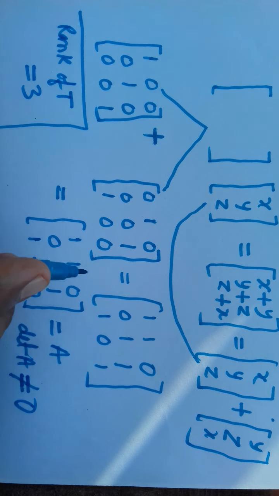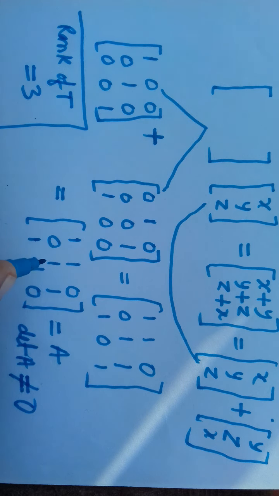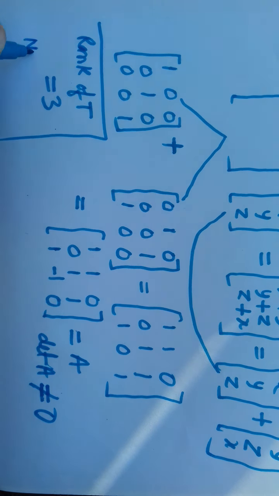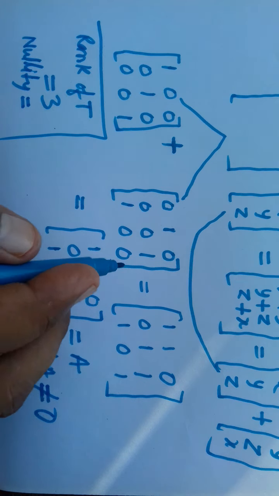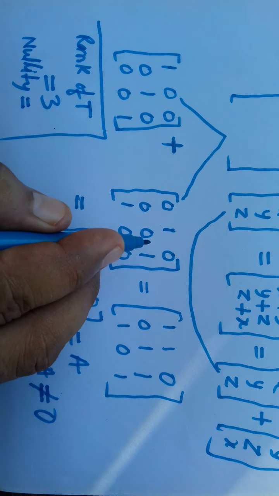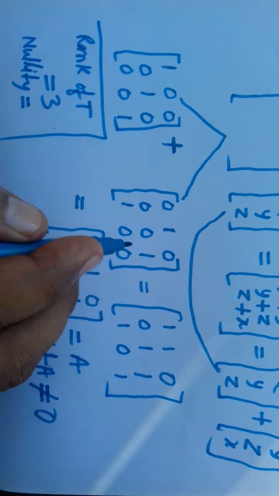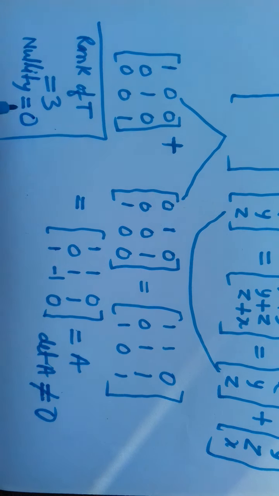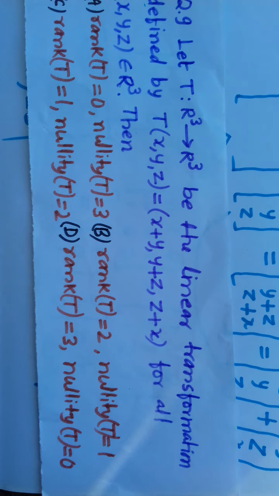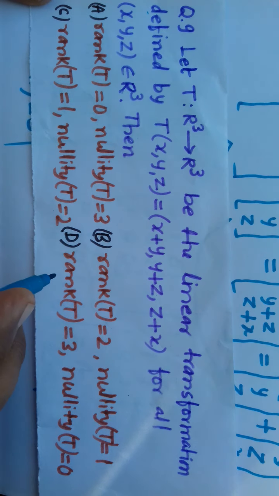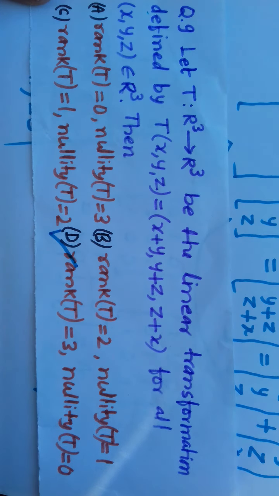Here you see the matrix with size 3 and you got 3. So nullity must be 0, because rank plus nullity should be equal to the size of this matrix. Size is 3, 3 into 3, 3 is the size. So the sum of these two must be 3. So rank of T is 3, nullity 0. So our D is the correct option.